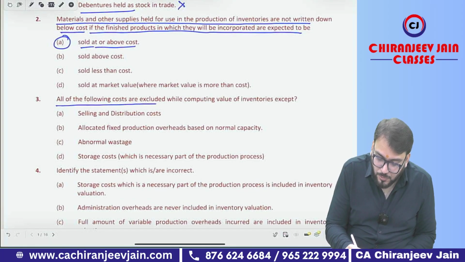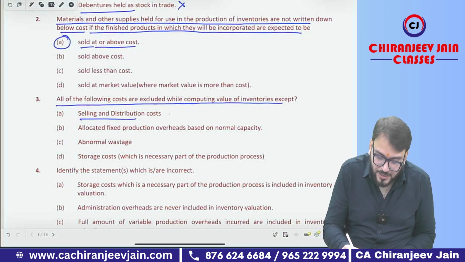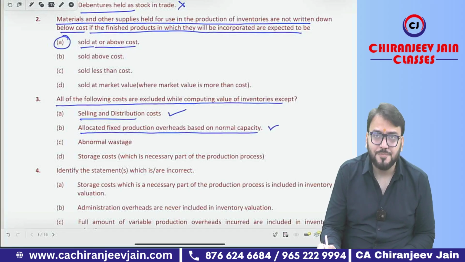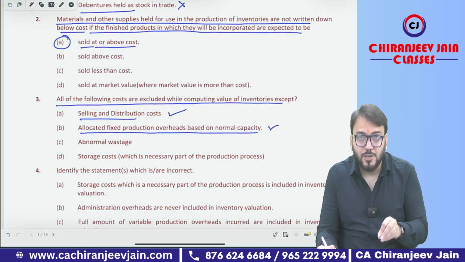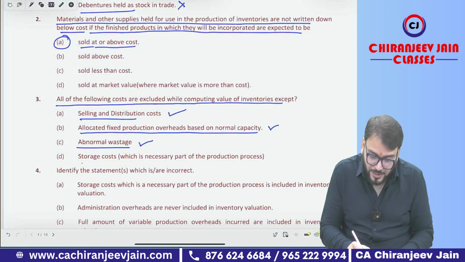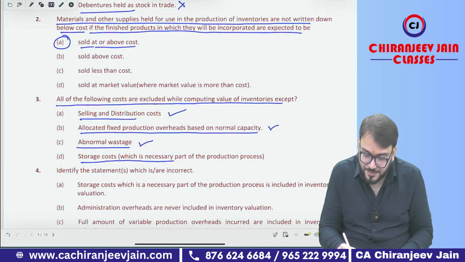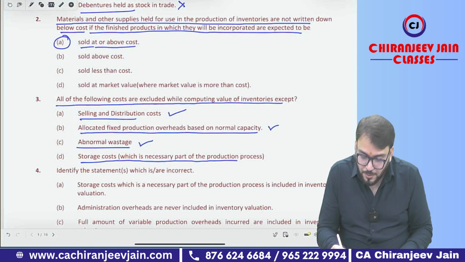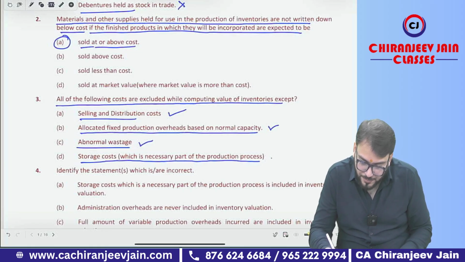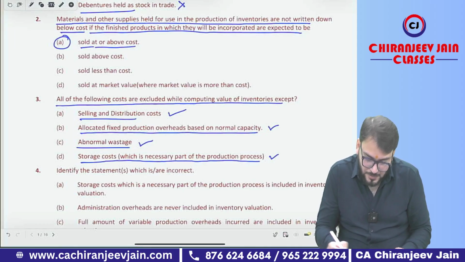All the following costs are excluded while computing the value of inventory except: selling and distribution excluded; allocated fixed overhead based on normal capacity will be included; abnormal wastage excluded; storage cost which is a necessary part of the production process will also be included.